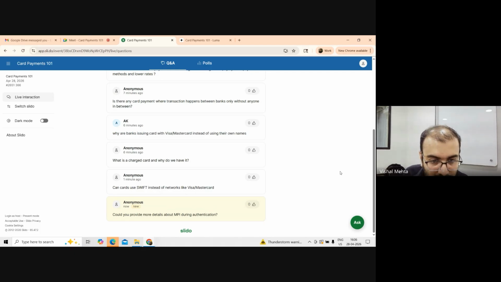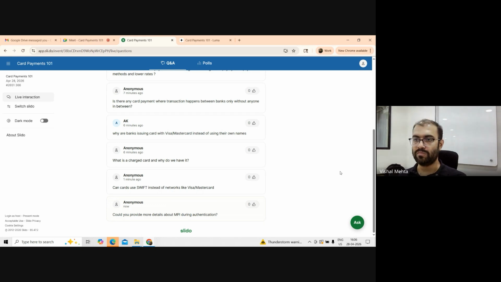Okay, one more question. Can you provide more details about MPI during authentication? MPI is a technology layer between the merchant and the card network. It plays a different role than authorization, which is done by an acquirer. So it is just two different parties playing two different roles.